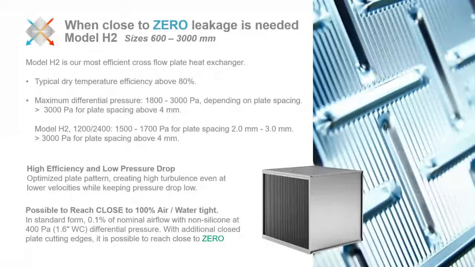With this type of heat exchanger, it has very low leakage as standard, but in Heatex, we can also do additional closed plate cutting edges, so we can get it as close to zero as is physically possible out of any kind of heat exchanger. So it's definitely a product that's worth considering if you're working in tight spaces where you need zero leakage or as close to zero as possible.